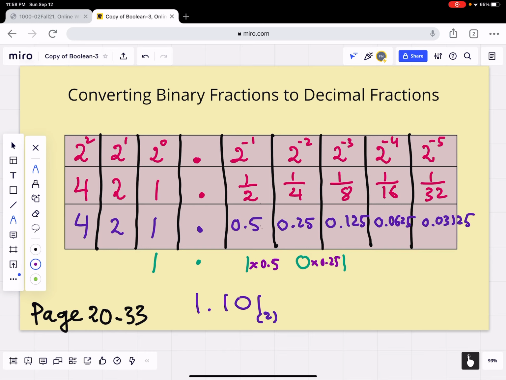And this one multiply by 0.25, and this one add 1 times 0.125.